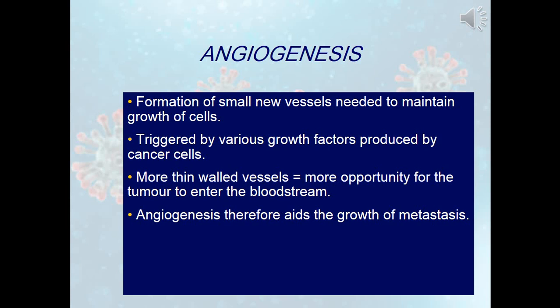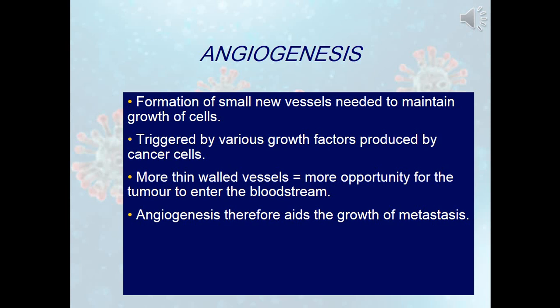So what is angiogenesis? Angiogenesis is the formation of new blood vessels to maintain the growth and viability of the malignant cells in the distant sites where they metastasize.